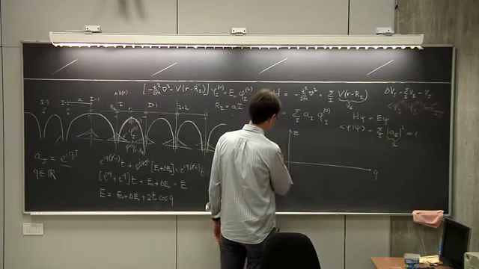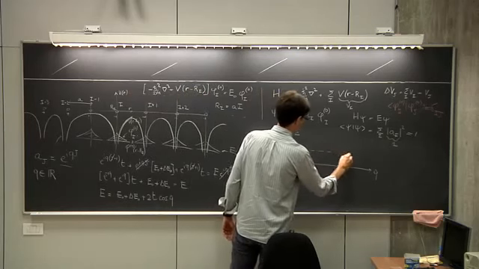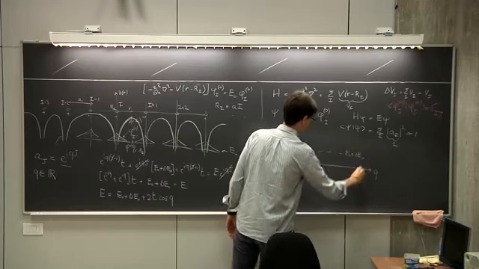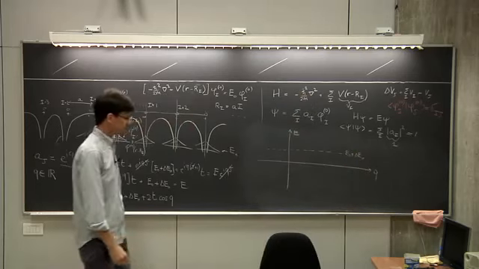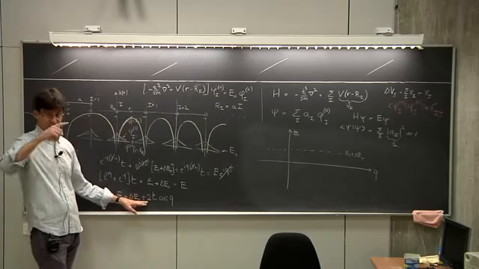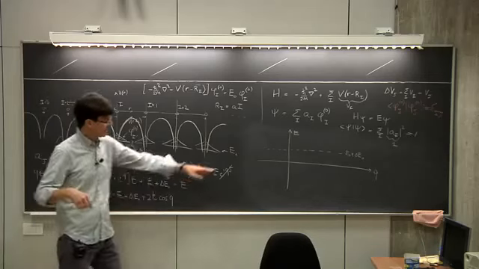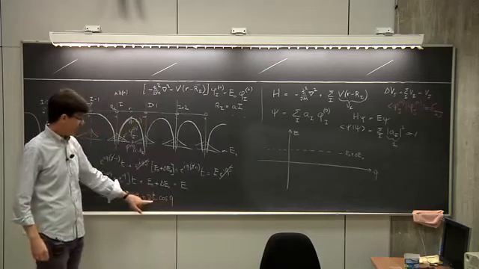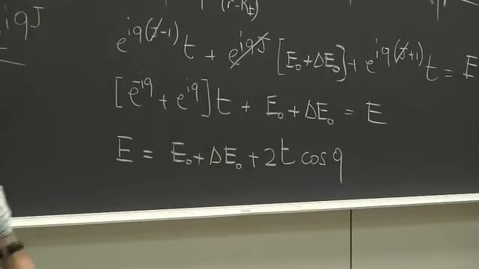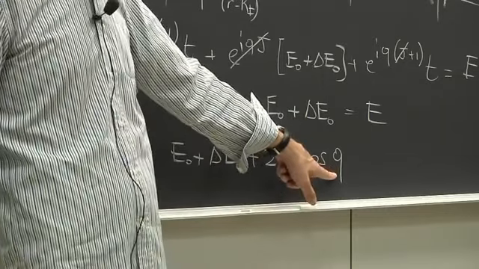Well, this function will have an average value of E0 plus delta E0, a constant, plus an oscillatory function centered around this dashed line with amplitude plus and minus 2t, and period 2 pi.